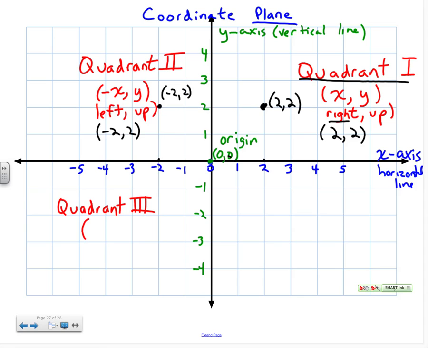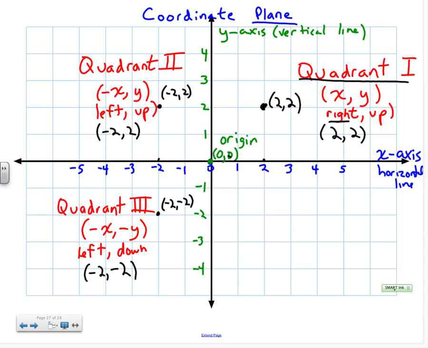So I am going to have to plot a negative x to the left and a negative y below 0. So again, to the left is the negative x and down is a negative y. So an example could be negative 2, negative 2. So go over to the left 2 and down 2, and I end right there. And that would be the point negative 2, negative 2.